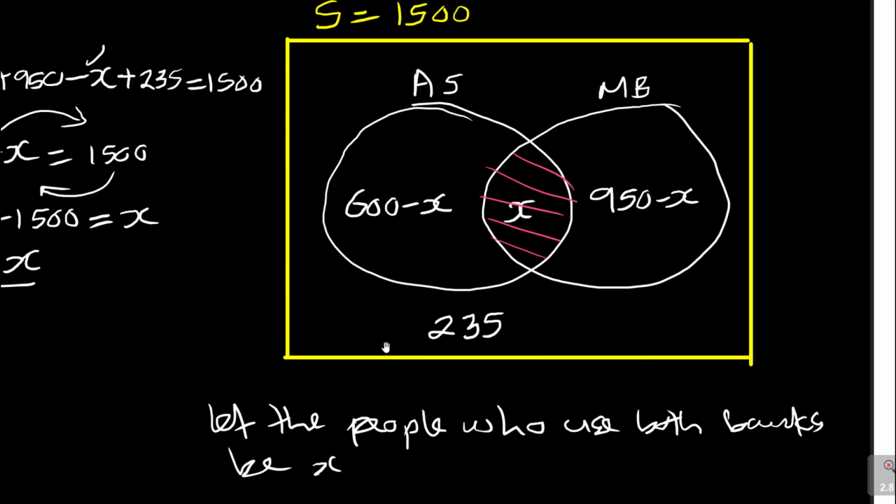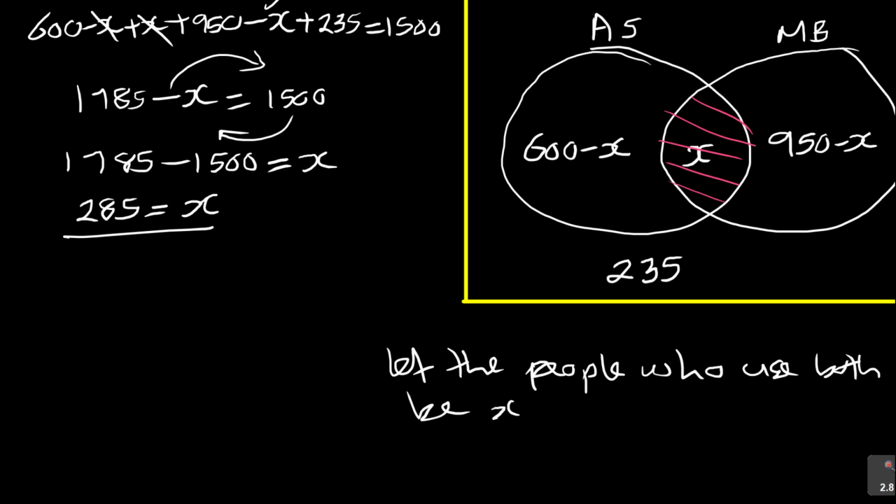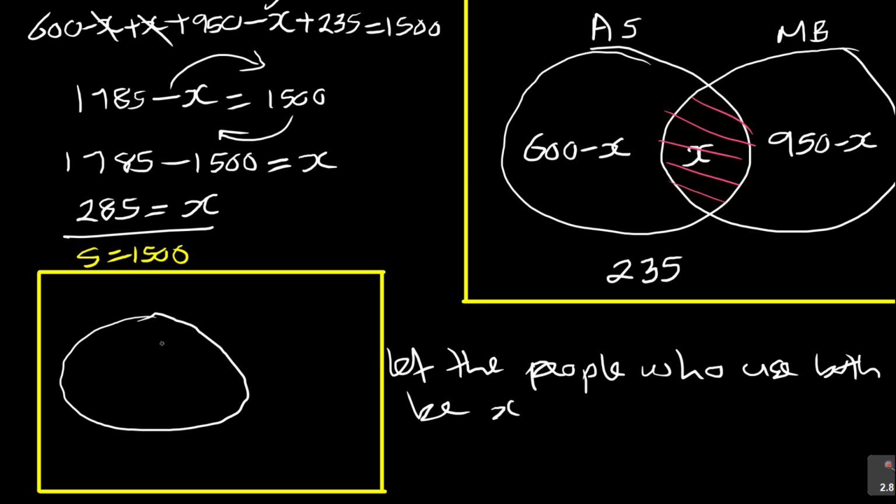Now you can simplify this Venn diagram and draw the final Venn diagram, which can be smaller now. My sample space doesn't change, it's 1500.